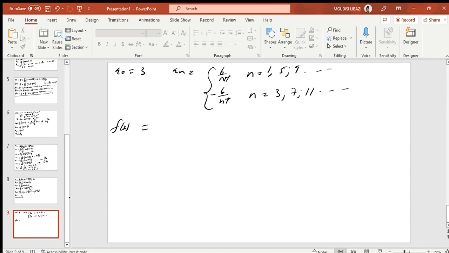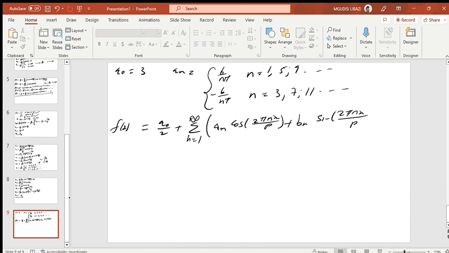So that is going to be a0 divided by 2 plus the summation from n equal to 1 to infinity of an cosine of 2 pi nx divided by the period, plus bn sine of 2 pi nx divided by the period.